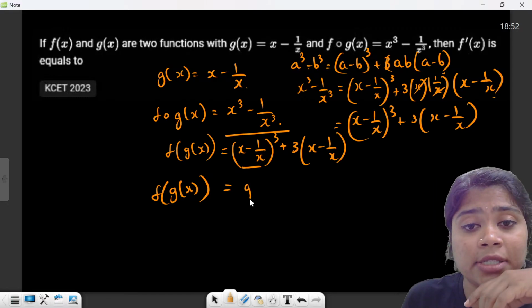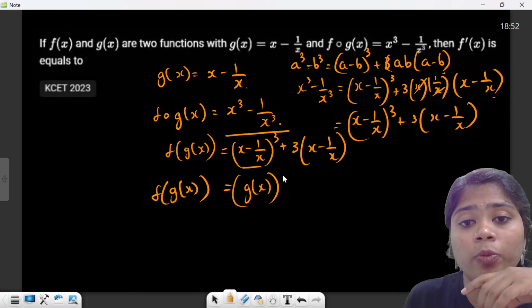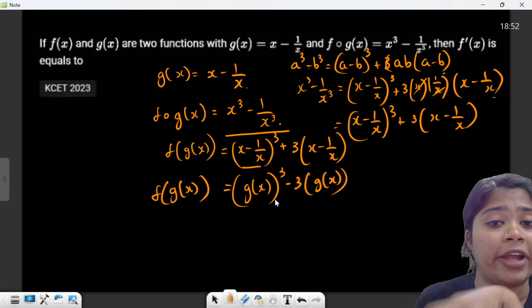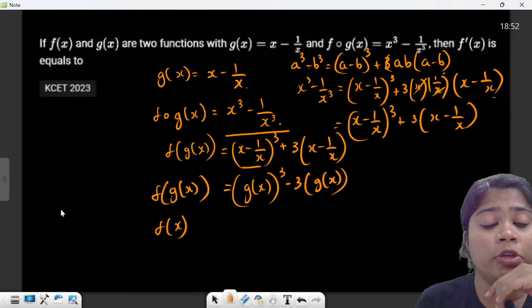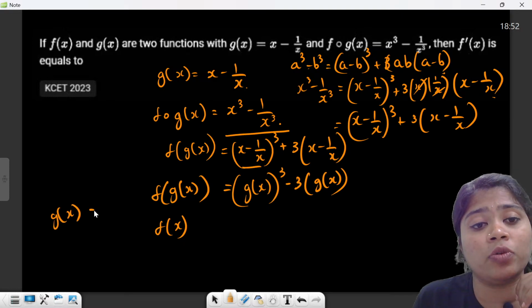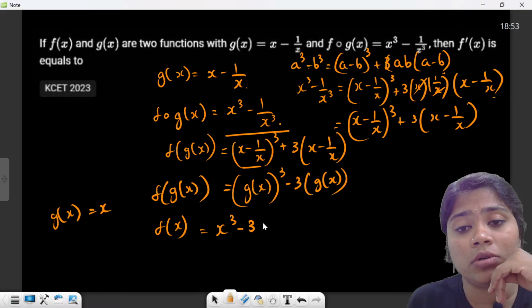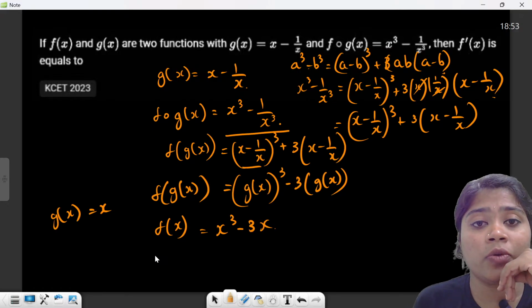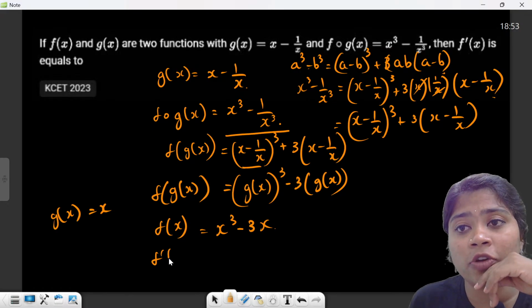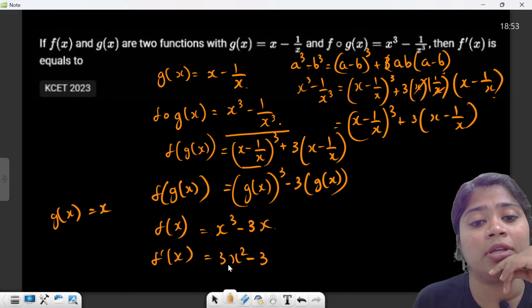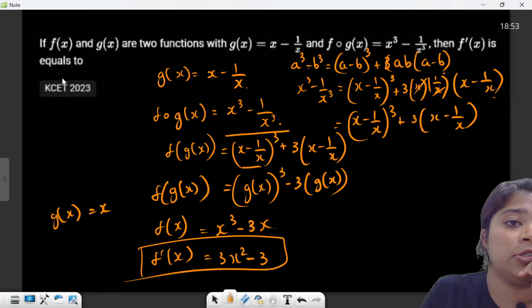So g of x, the whole cube, minus 3 into g of x. If I want to find f of x, you want to change g of x to x. So x cube minus 3 into x. So f dash of x is equal to 3x squared minus 3. This is the answer for the question.